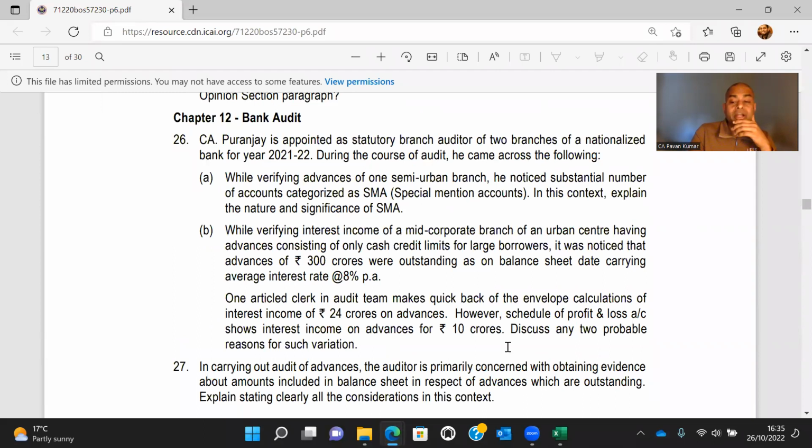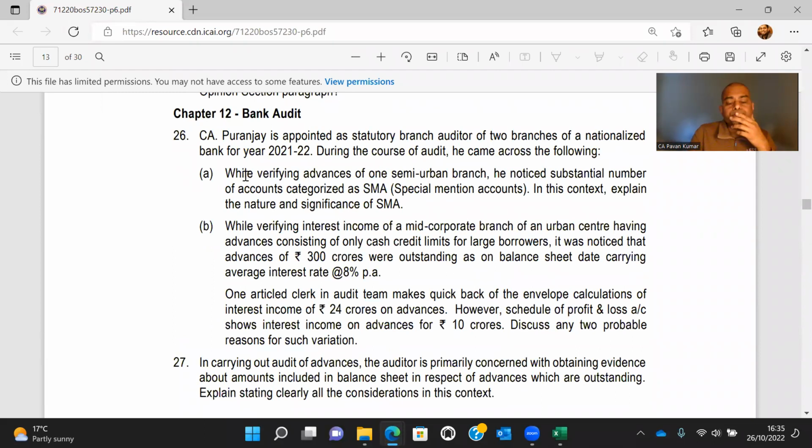Okay, now question number 26. Can you read this question number 26? Nazia, read this question, please.